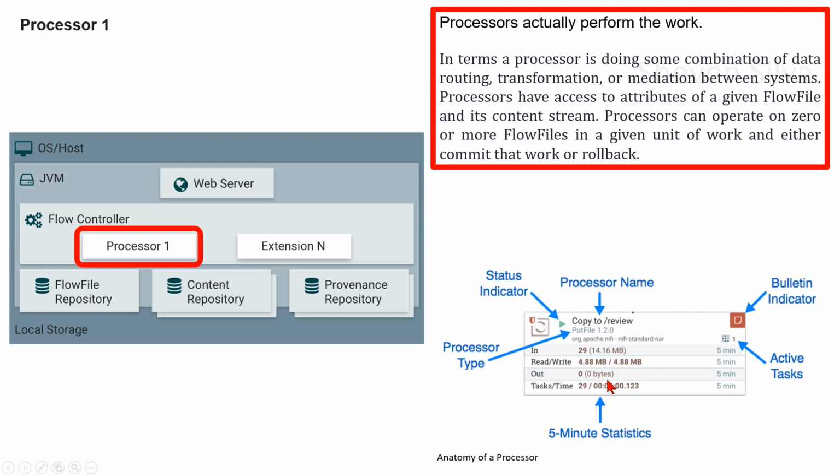In this example, all of the relationships are configured to be auto-terminated, so no FlowFiles are reported as having been transferred out.